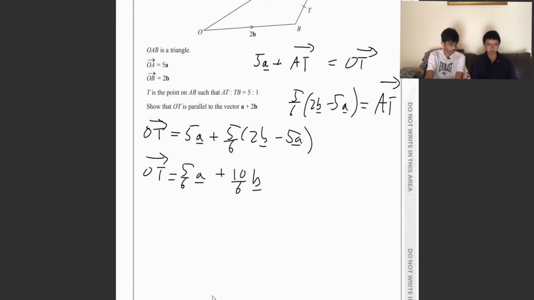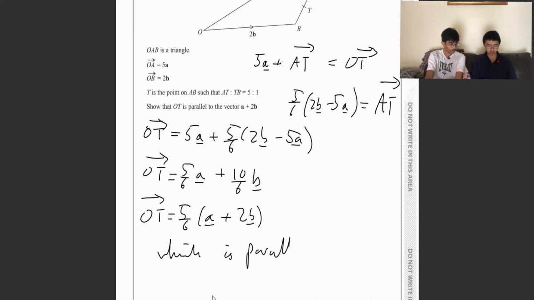And if we factor out a 5/6, then we get 5/6 open brackets A plus 2B close brackets, which is parallel to A plus 2B as required. So that would be that vectors question.